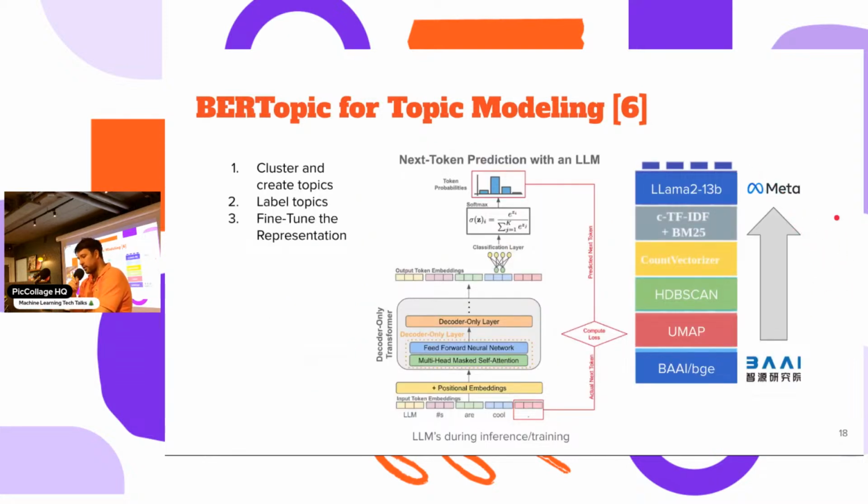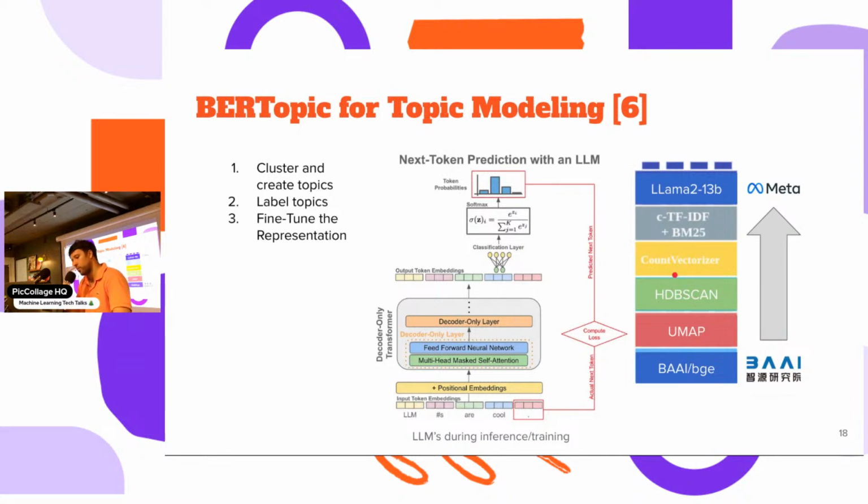We take the embeddings from the Beijing Academy of AI, who have a really good embedding model, which is top 3 under the recent benchmark for LLM embeddings. Then we reduce those embeddings with UMAP, uniform manifold approximation and projection.